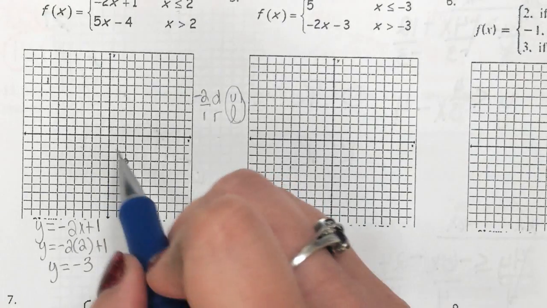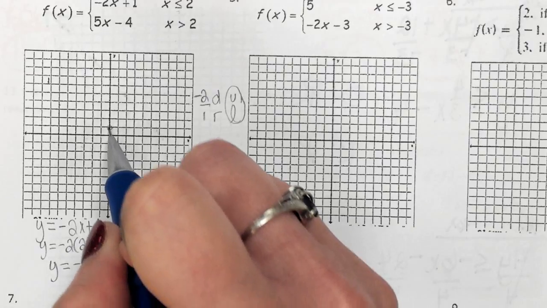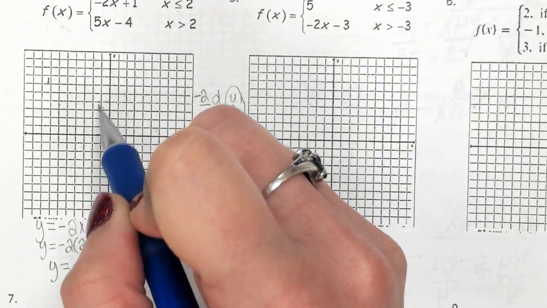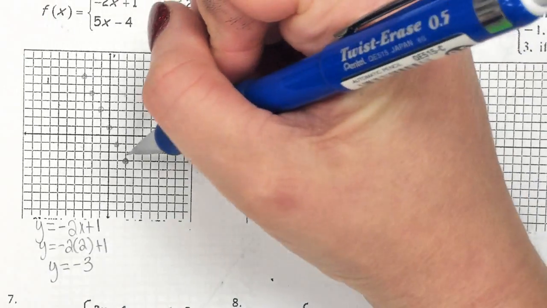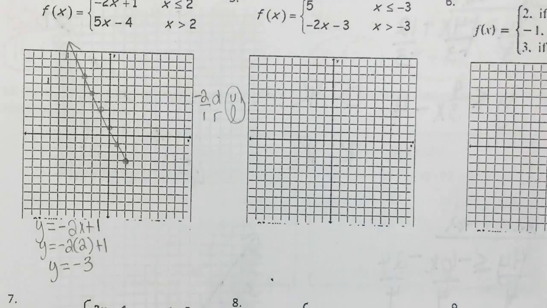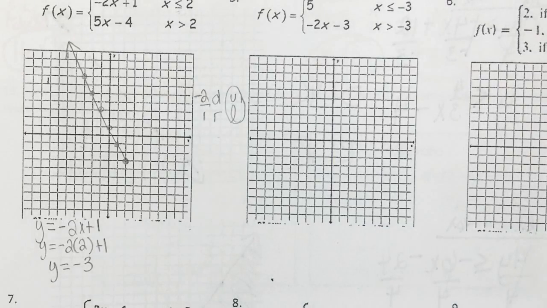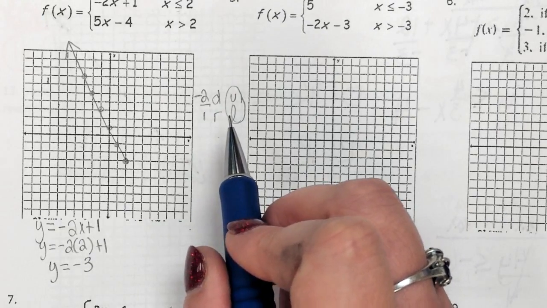All right, so we're going to go up 2 and left 1. Y'all okay with that? I promise, if you write this down, you will not get it wrong because most of you are visual learners, okay?